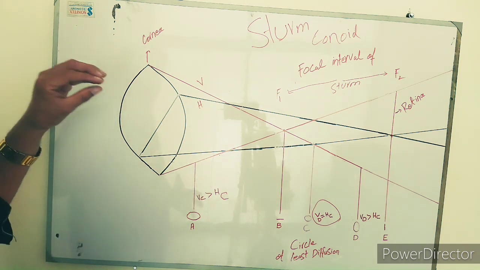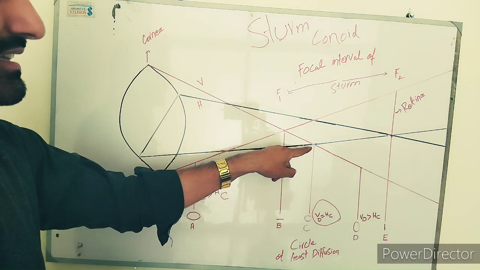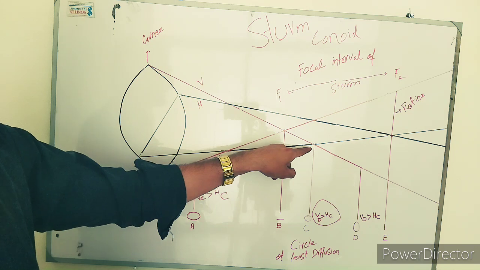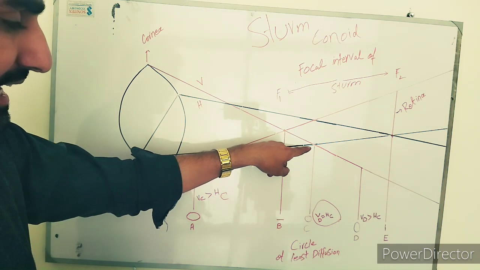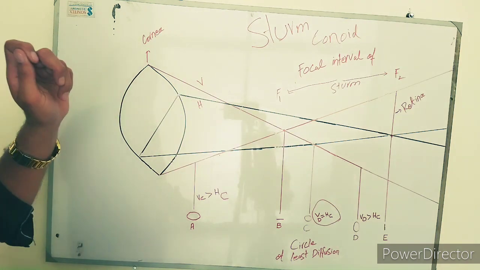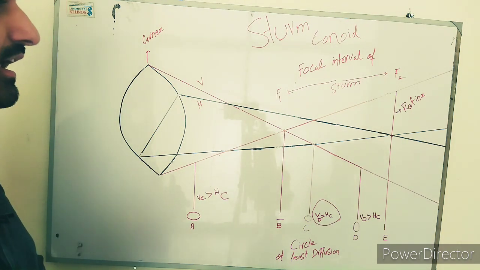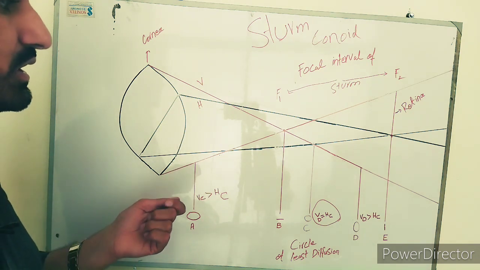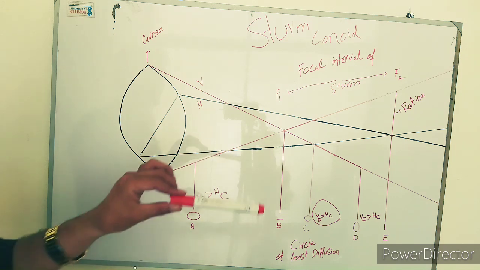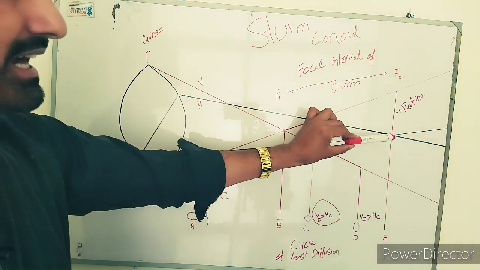Suppose we have provided cylindrical glasses, but here the circle of least confusion is in front of the retina, not at the retina. Now we put the cylindrical glasses at a special position, at a special axis. We rotate the axis, until we see that the circle of least confusion is at the retina.